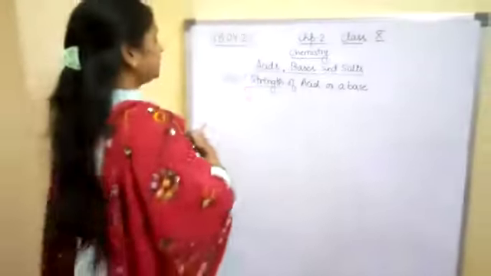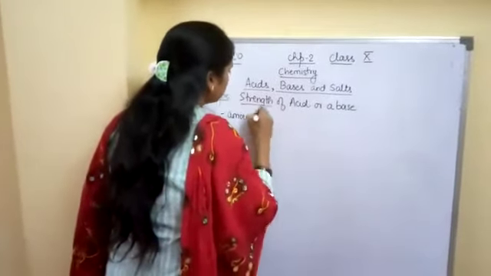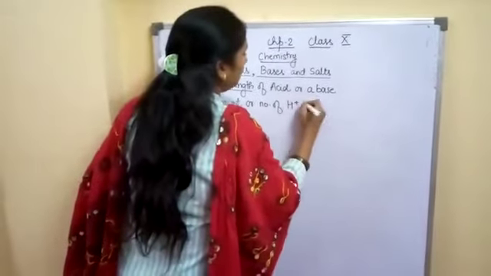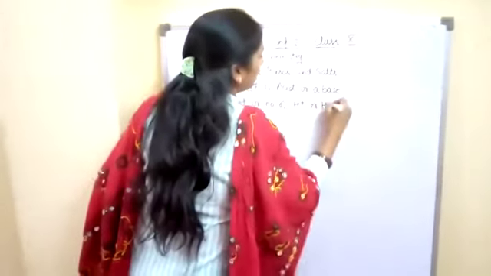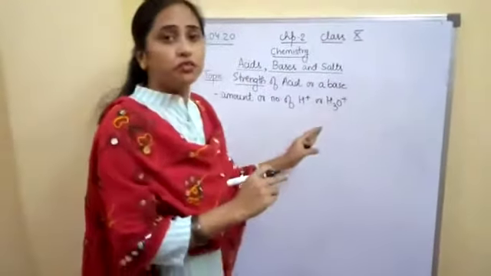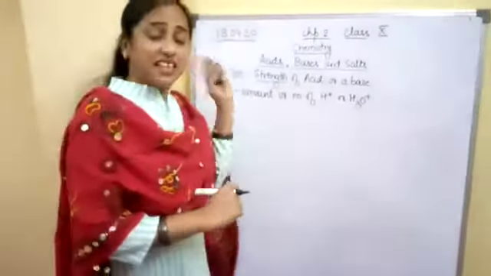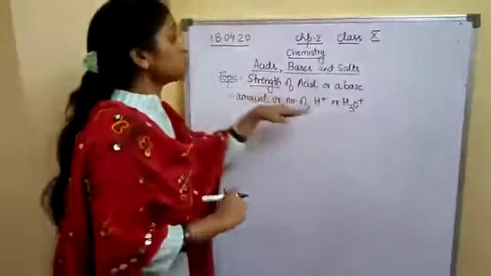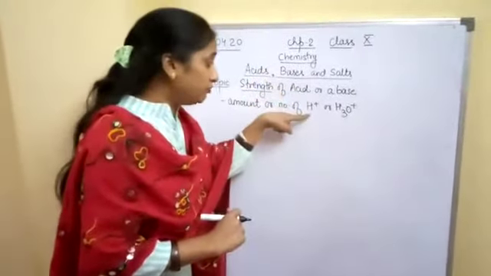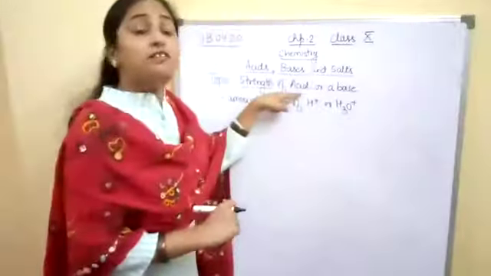That means the amount or number of H plus or hydronium ions produced by an acid will tell us the strength of the acid. If it produces more H plus ions, then the acid will be a strong acid. If it produces fewer H plus ions, then the acid will be a weak acid.